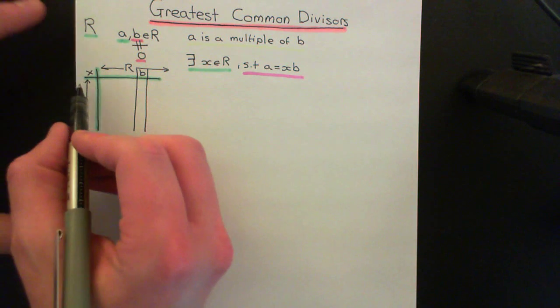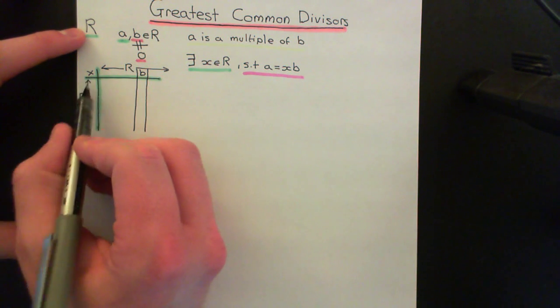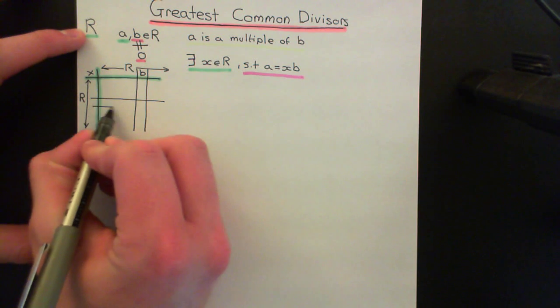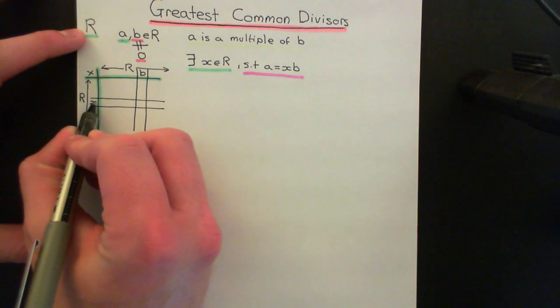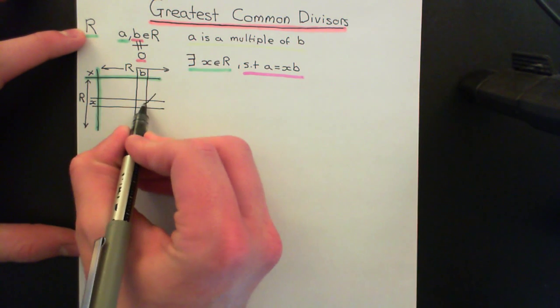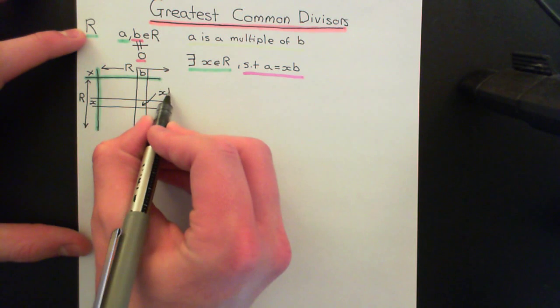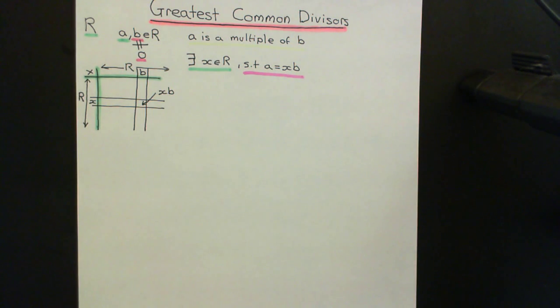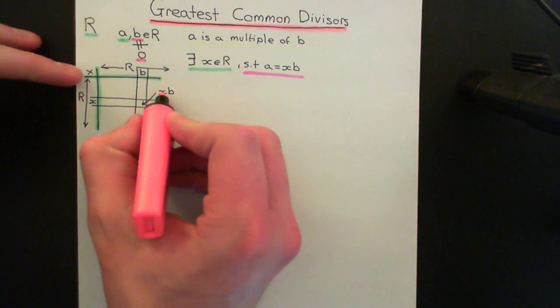If you go through all the different elements of the ring and ask what that element multiplied by B is, for an arbitrary element little x, you're just looking for the entry which is the intersection between the row corresponding to little x and the column corresponding to little b.